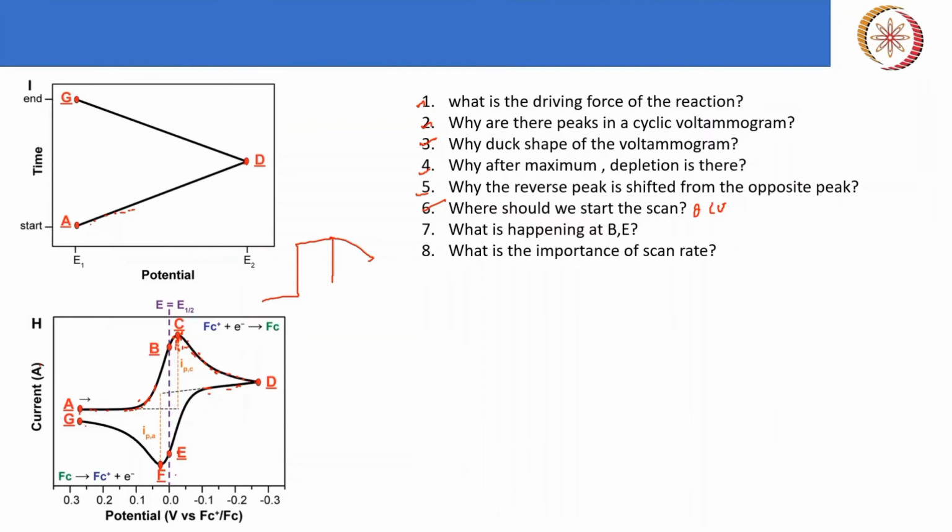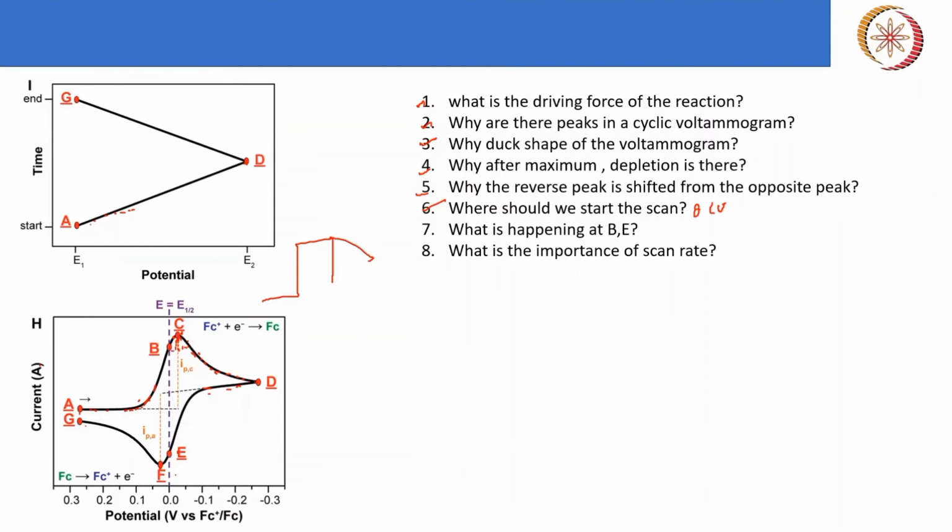Then whatever the initial or ground state is, you cannot find or determine it from the cyclic voltammogram. So for this you should start from the OCP value.